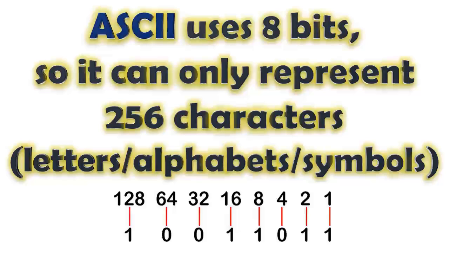ASCII can only represent English alphabets, capital letters, lower cases, digits, and special characters we see on the keyboard, but nothing more. It cannot represent characters in multiple languages or special characters like smileys, emojis, etc.